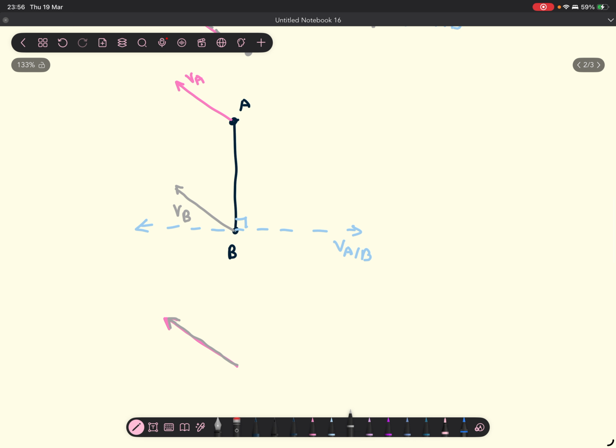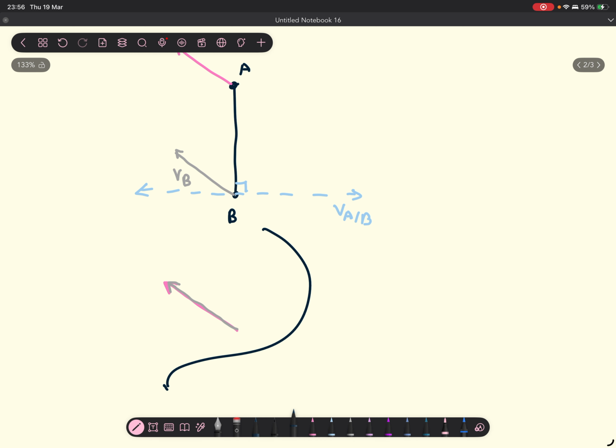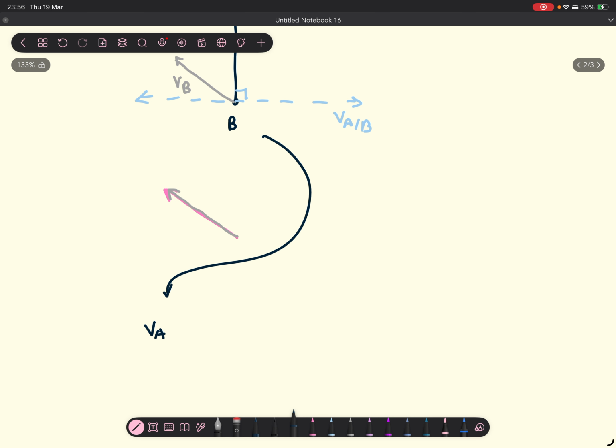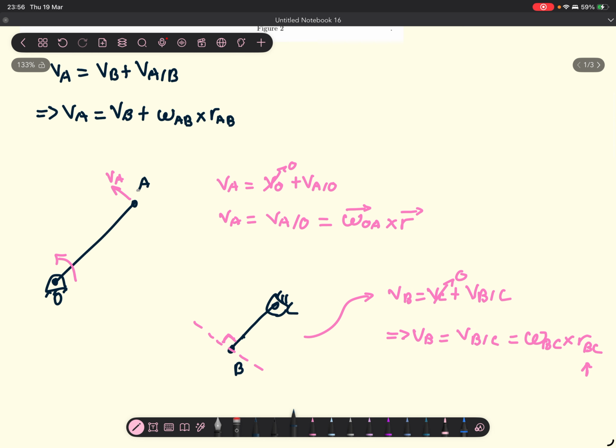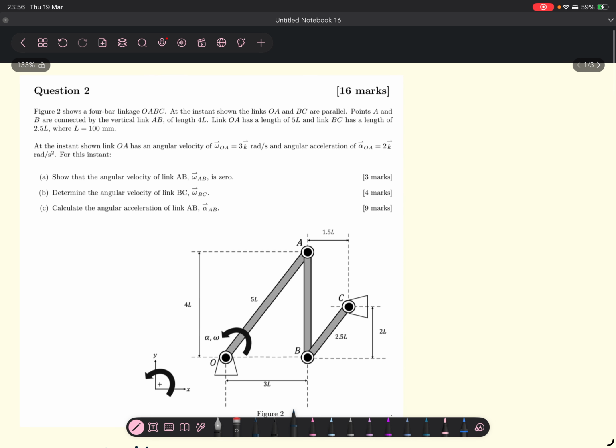So what you would write is, from this vector diagram, you would get that VA is equal to VB, which would imply that VA relative to B is equal to 0, which would imply that omega AB is equal to 0. Cool. I hope that makes sense.